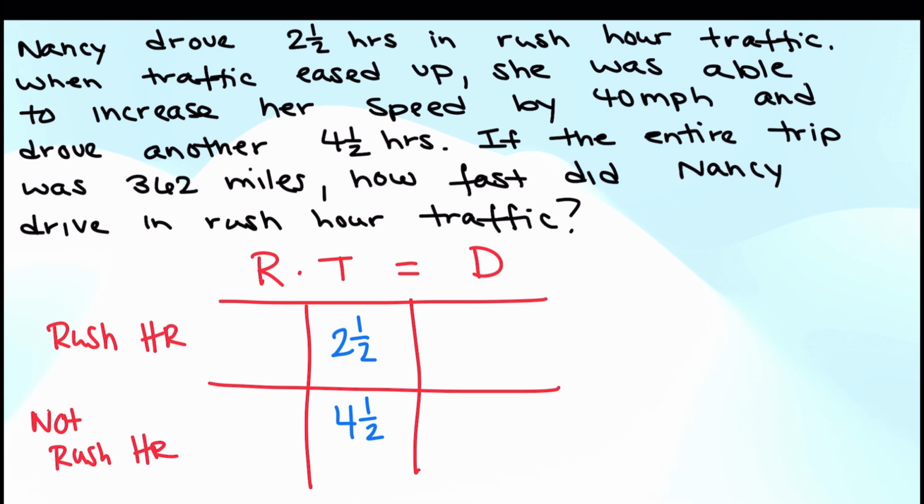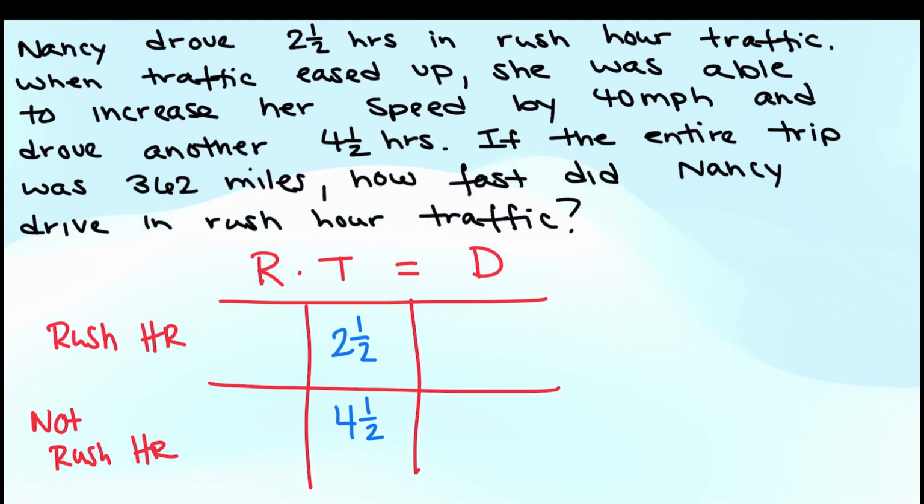The problem just gives us directly the time, so I'm going to fill that in. Her time in rush hour was 2.5 hours. And then later, not in rush hour, she drove for another 4.5 hours. So I'm given the time, so I'll just put that into the table.